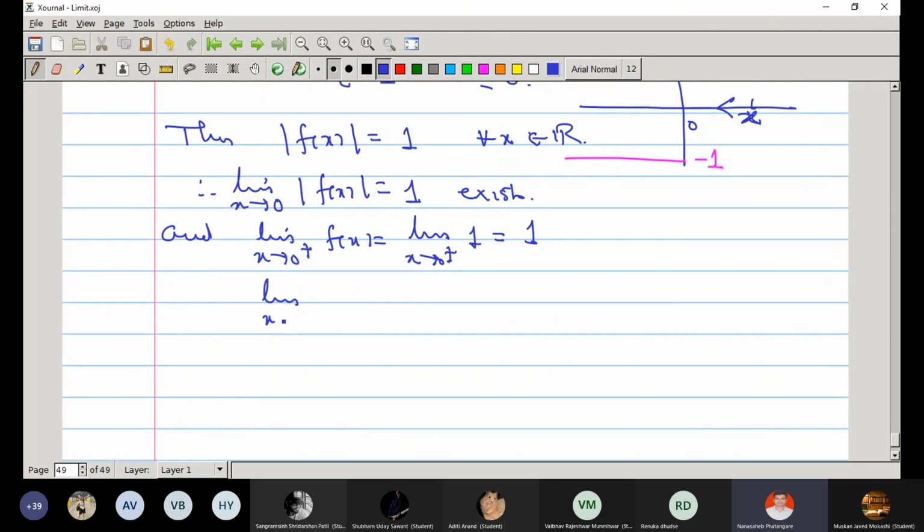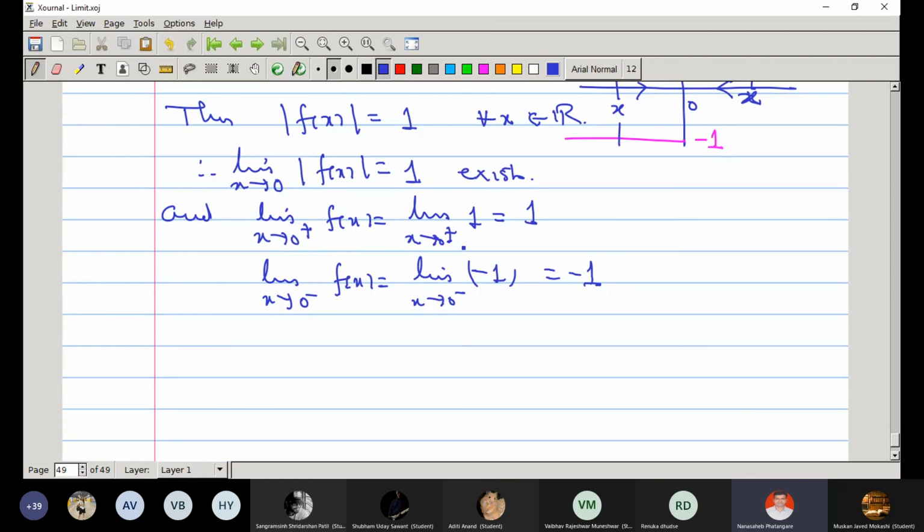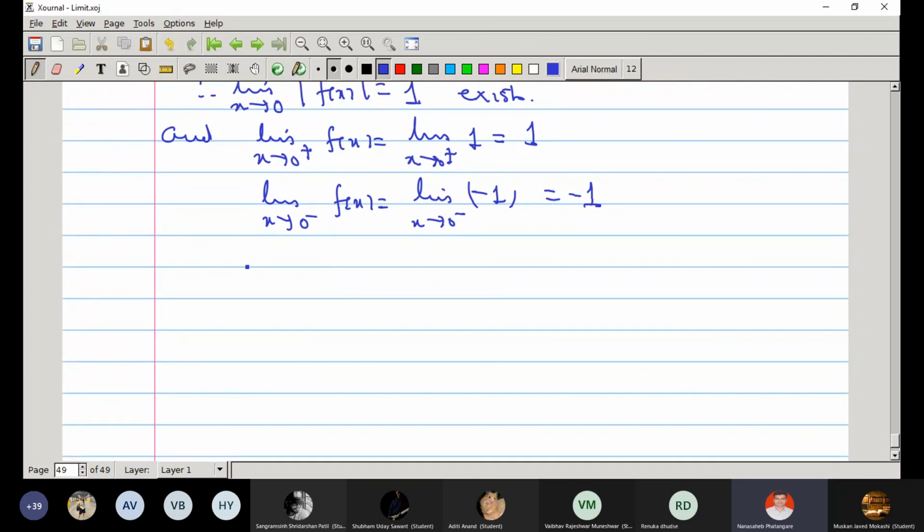Now the limit as x tends to 0 from the left side. If we approach from the left side, what is f(x)? Minus 1. Right, at present x is here and therefore the function is minus 1 and therefore the limit is minus 1. So the right-hand limit and the left-hand limit are not the same.